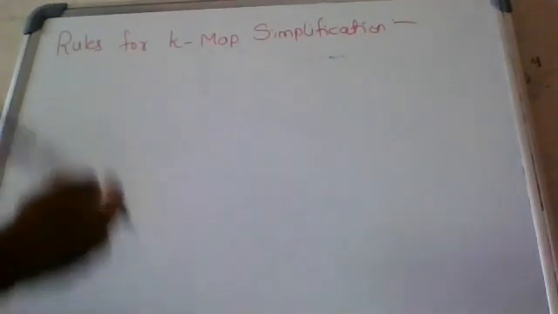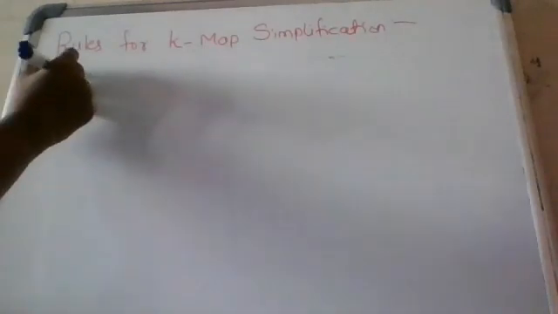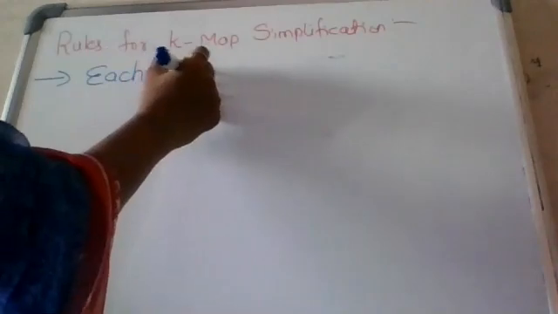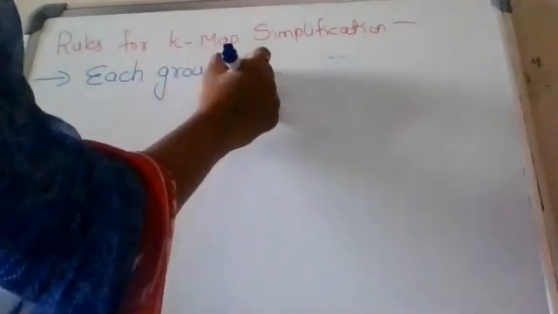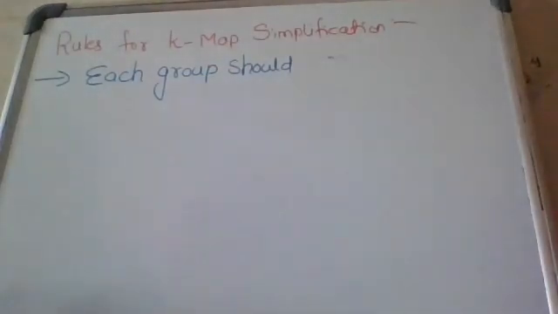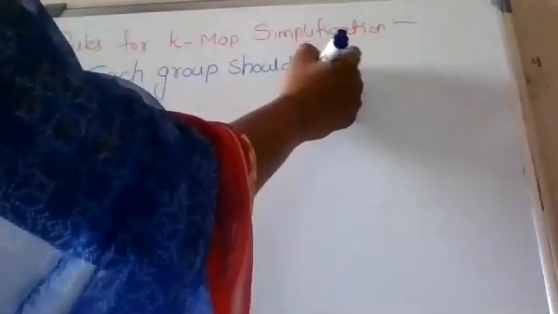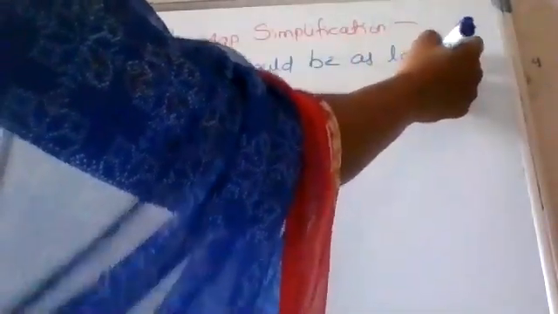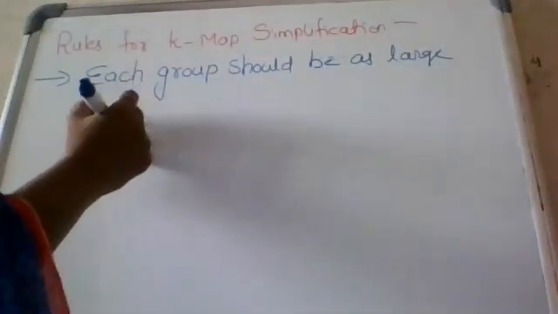So what is the third point? Each group should be as large as possible.